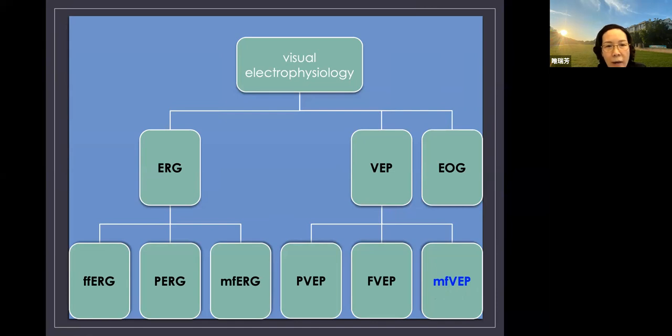So when we do other electrophysiology examinations, we always follow the international standard, so we can compare between different labs and different locations.